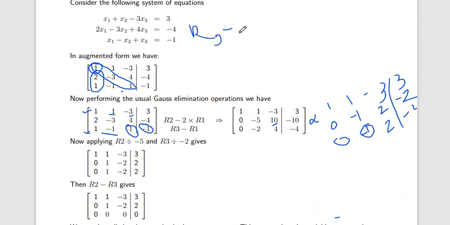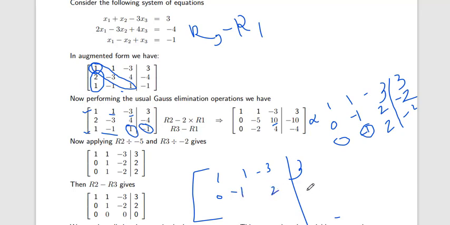What matrix will we get? The first row remains the same, 1 1 minus 3 3. Here 0, the second row will be the same. We want the operation in the third row, so 0 minus 0 is 0, minus 1 minus minus 1 is 0, 2 minus 2 is 0, and minus 2 minus minus 2 is also 0.